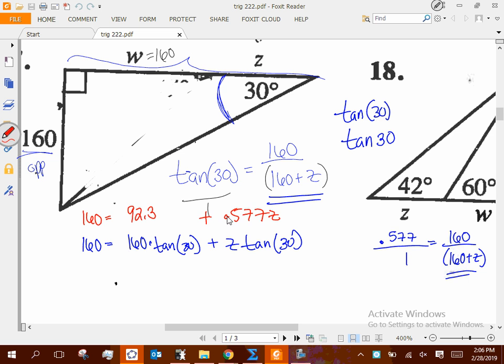Okay? If I was looking at that red equation, what would you do first? This red equation is exactly the same thing as this blue one, except it's rounded, right? You would subtract 92.3 from both sides, right? So that 92.3 is analogous down here as that exact value, right? So if you subtracted it from both sides up here, what are you going to do down here?